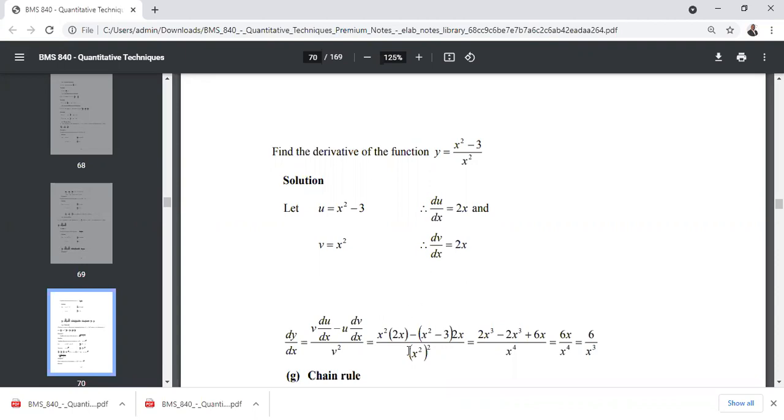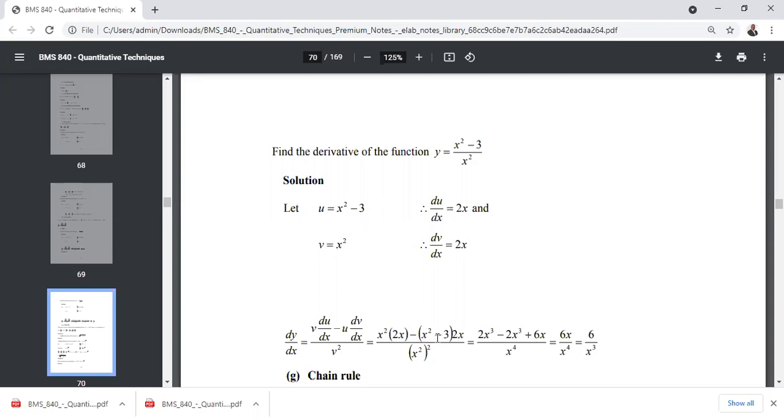Then from there you open the bracket. I've said in most occasions we don't change the denominator. Let's open the bracket. This will be 2x cubed minus x squared. Note these are negative. Negative multiplied by negative is positive. We are going to have a plus.